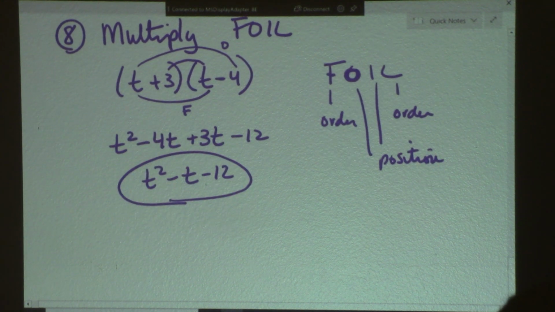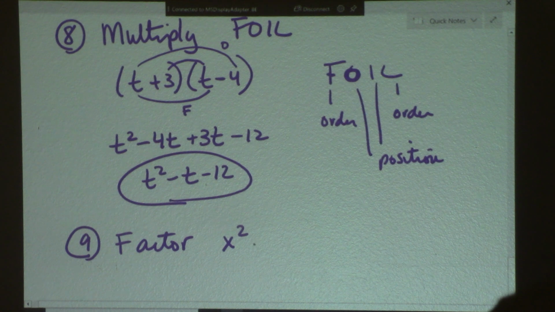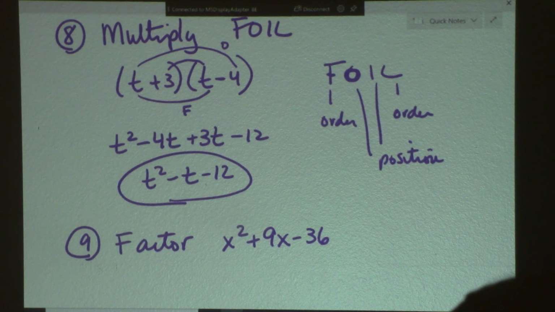Okay, last one, number 9. We're going to factor x squared plus 9x minus 36. Okay? And when we're factoring, we're doing the opposite of what we did in number 8, and we're going to use magic x.